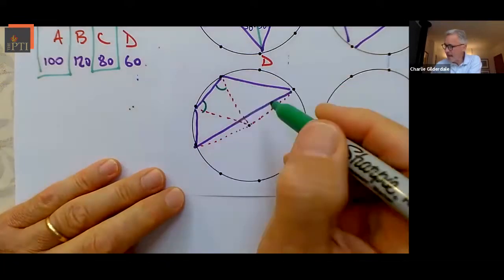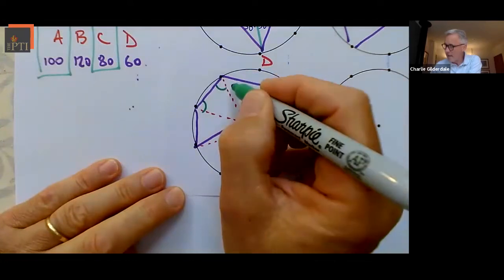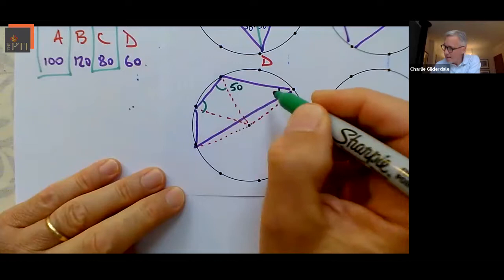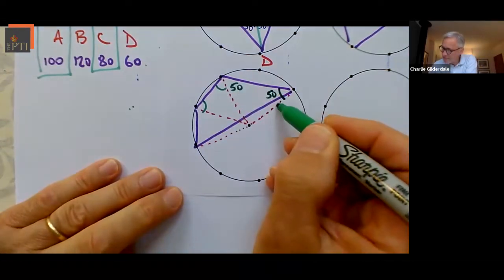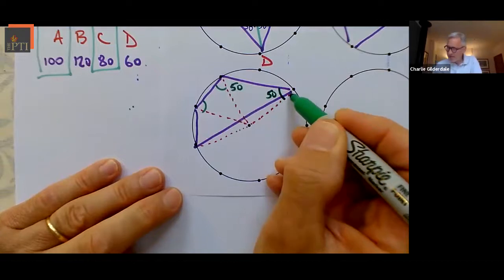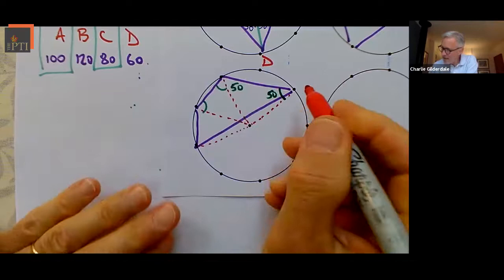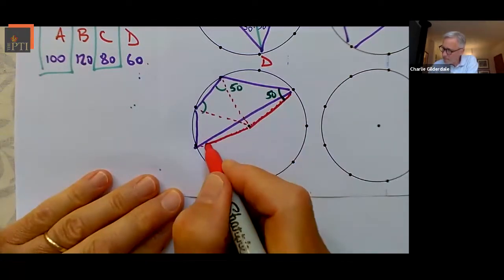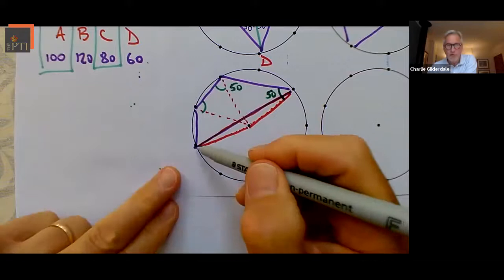This is 80 degrees here, so there's going to be a 50 here and a 50 there. But I don't want this little bit here. So I need to start thinking about this triangle here, which spans 1, 2, 3, 4 circles.